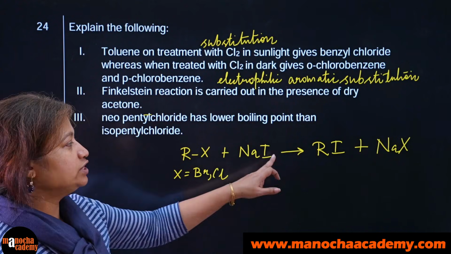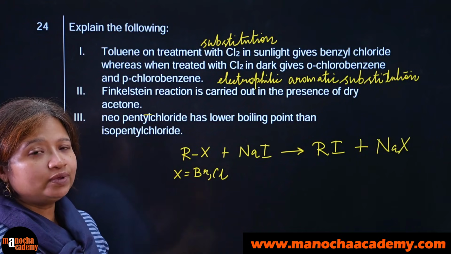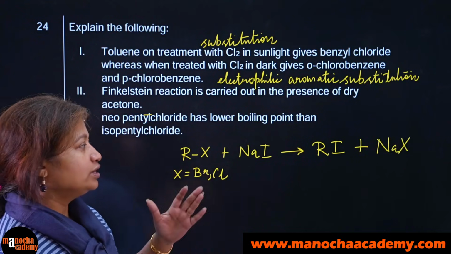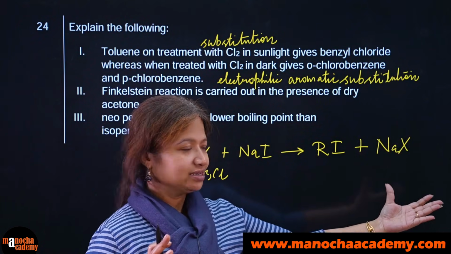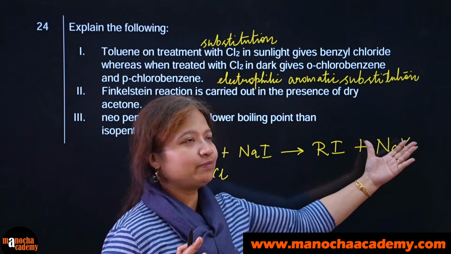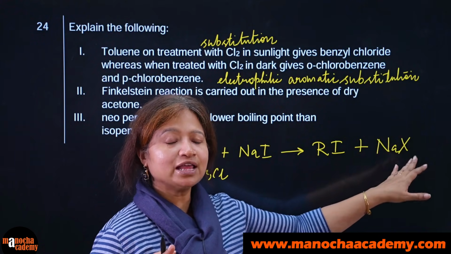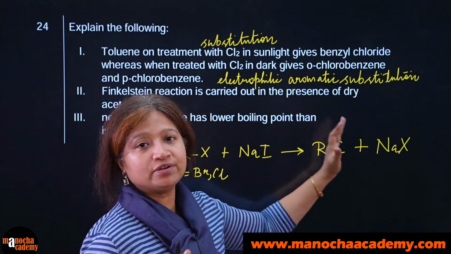Now, here we are using dry acetone because NaBr and NaCl are insoluble in acetone. Dry means no water present. Since it's insoluble, it forms a precipitate, isn't it? And as a result, forming a precipitate means it is no longer part of the reaction mixture. As a result, as per Le Chatelier's principle, the equilibrium shifts to the right.